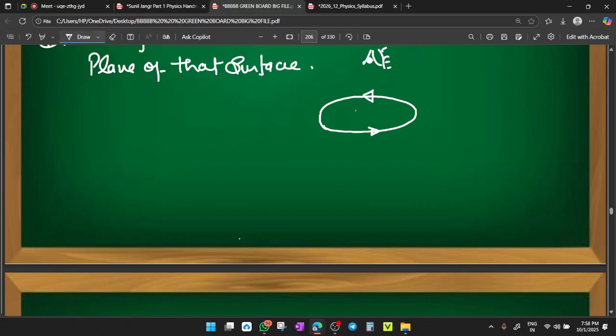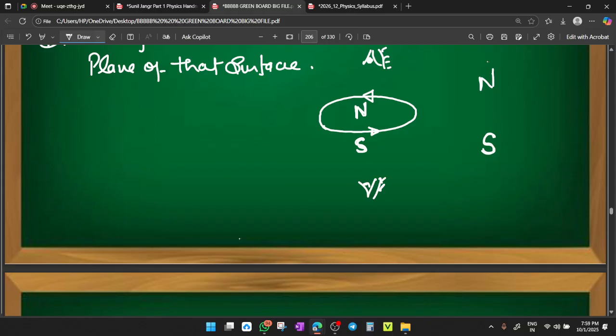Yes or no? But from the downside, it is the south pole. If from the upside it looks anti-clockwise, then from below the coil it will look clockwise. So the upper polarity is north and the lower polarity below the coil is south.